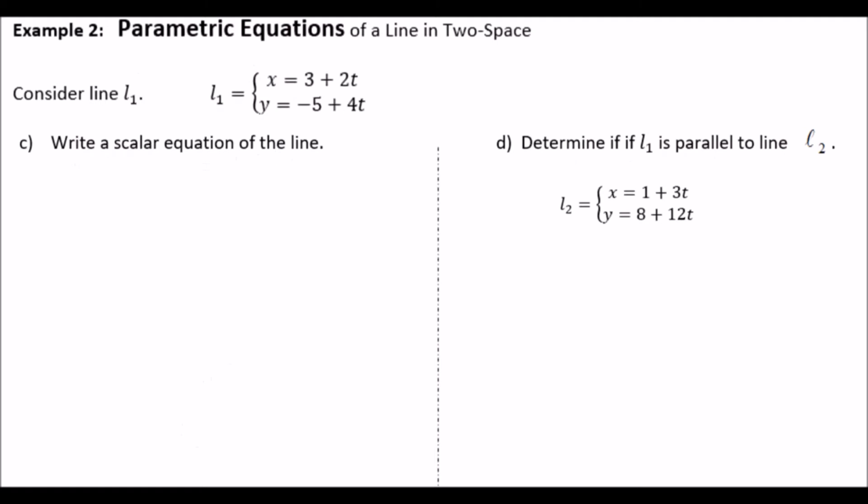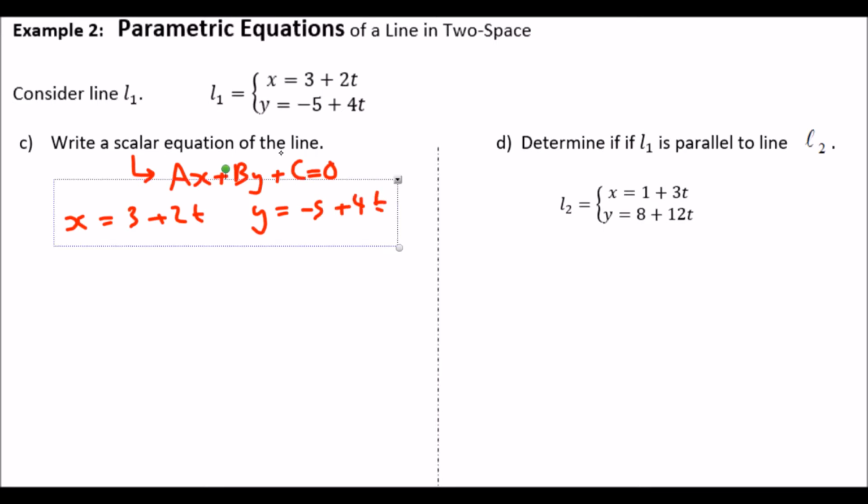Write a scalar equation of the line. The scalar equation of a line is, just to review, ax plus by plus c equals 0. To do this, I'm going to take both equations, x equals 3 plus 2t and y equals negative 5 plus 4t.